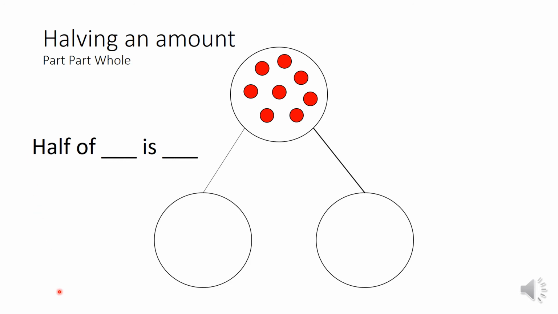Let's work it out together then. So in my top circle, in my whole part, I have got 1, 2, 3, 4, 5, 6, 7, 8. So I am halving 8. And then remember to help, as I can cross them off as I draw them into their equal groups.